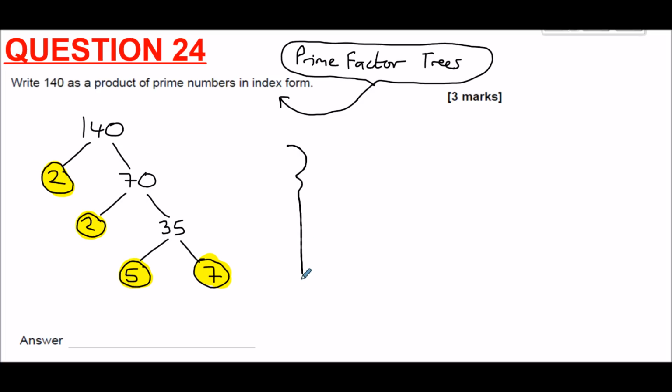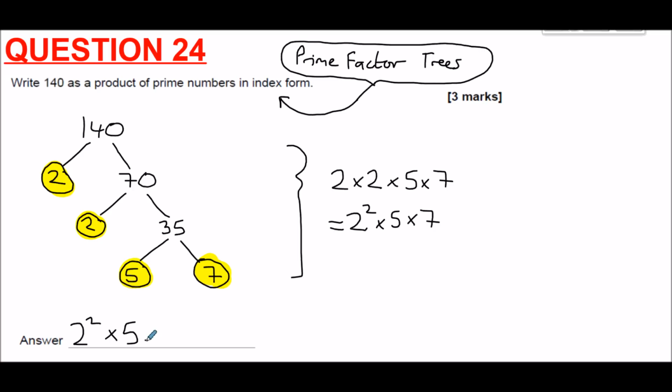The final step is just to write down the primes in order of size multiplied by each other. That's a product of primes. But index form means we need to write them as powers if possible. 2 times 2 we can say is 2 squared. There's only one 5 and there's only one 7. So that's as simple as we can do it.